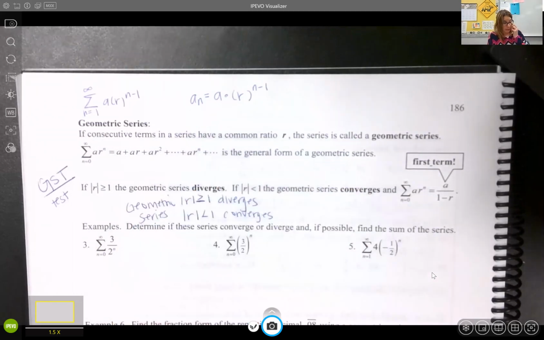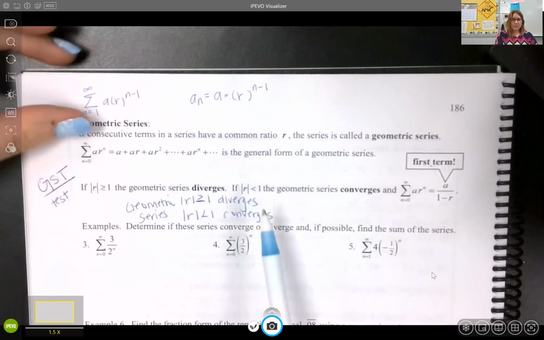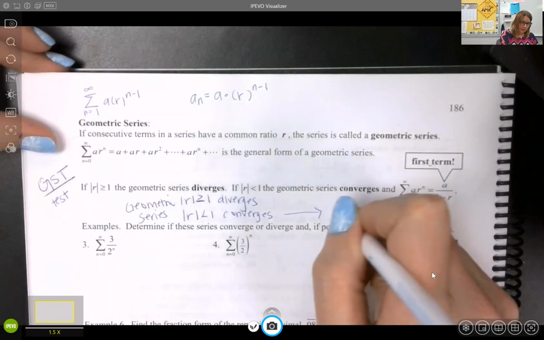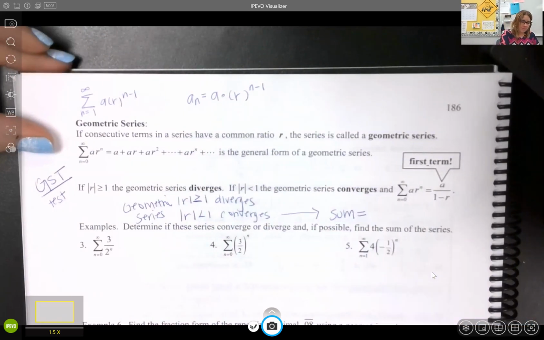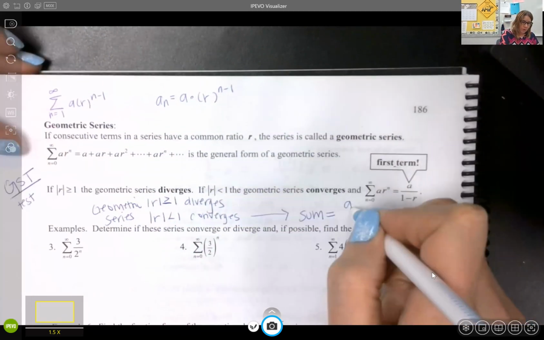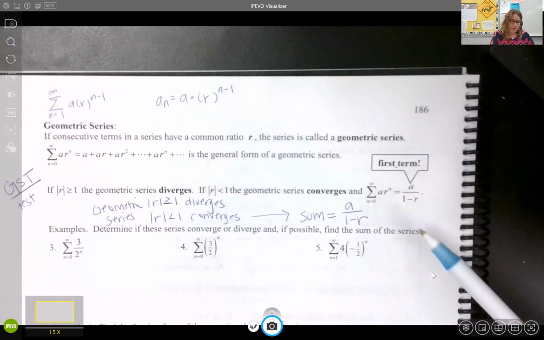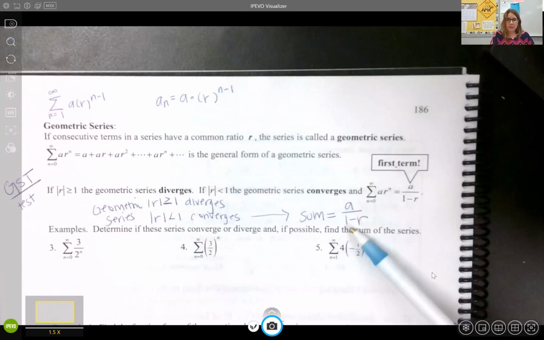We're adding the terms. Okay, so if I want to figure out what it converges to, I have to figure out the sum, and the sum of a geometric series is a over 1 minus r. a is just the first term, and then we divide by 1 minus the common ratio.